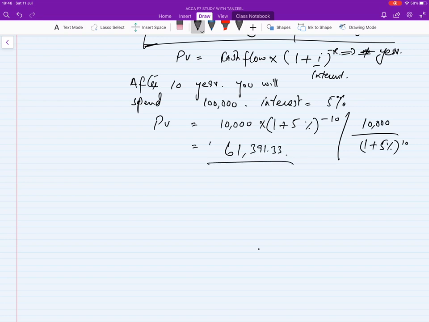So this is the present value of future cash flow. So that after 10 years the amount you're going to spend is 100,000. The present value of that amount in today's terms is 61,000.